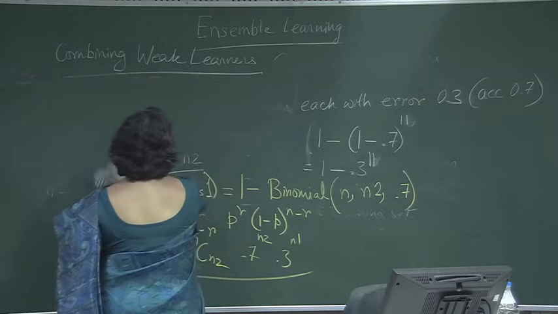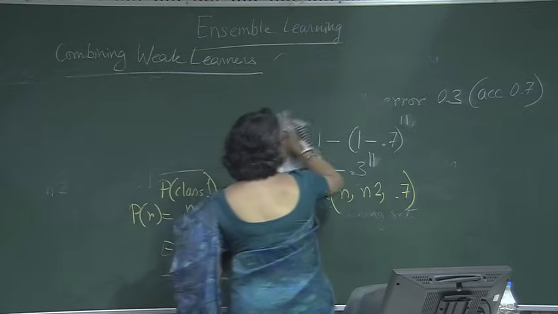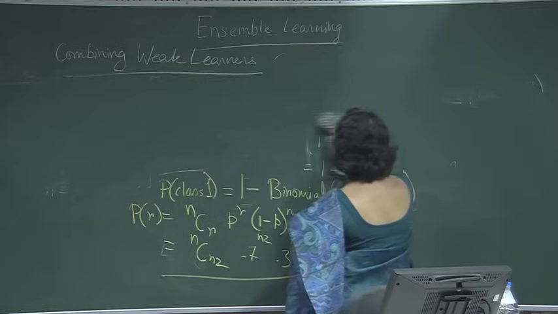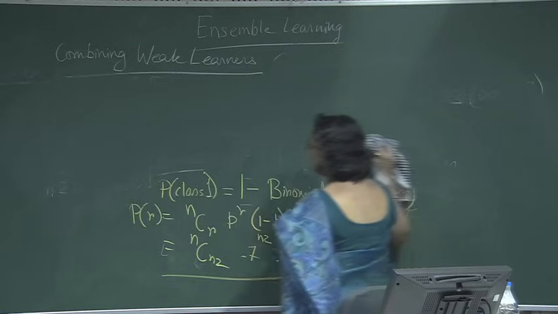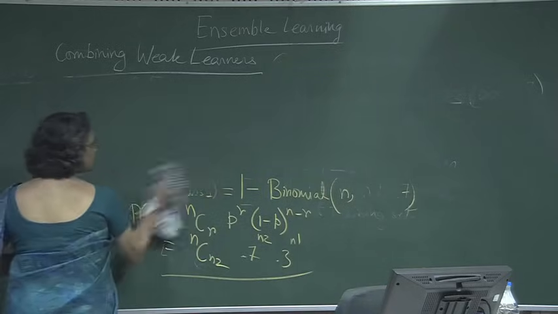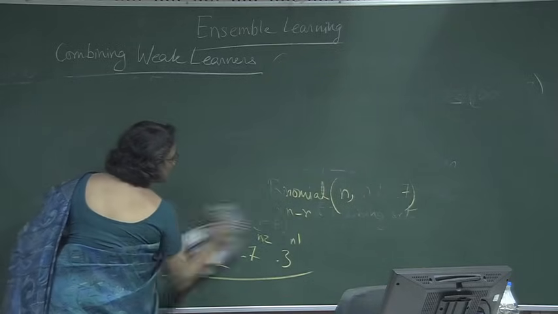In the simplest case, the combination can be done by voting. For example, just now we looked at majority voting.